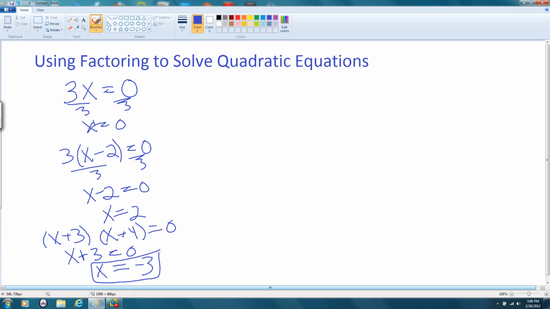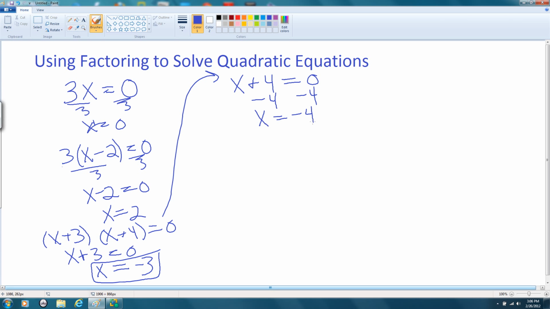Or we know that x plus 4 is equal to 0. So it's either x plus 3 is equal to 0 or x plus 4 is equal to 0. And so subtracting 4 from both sides, we get x is equal to negative 4.